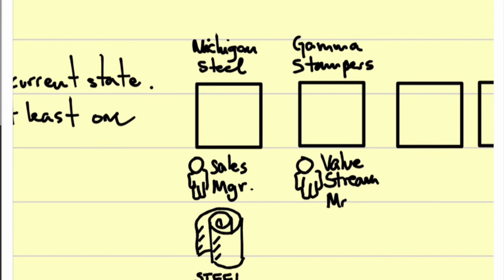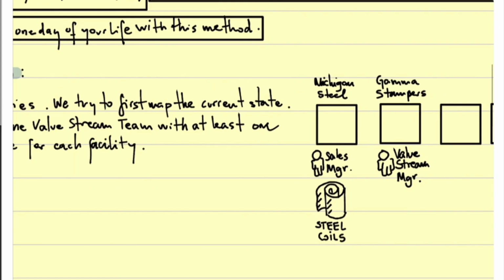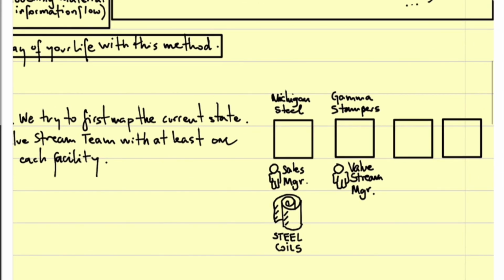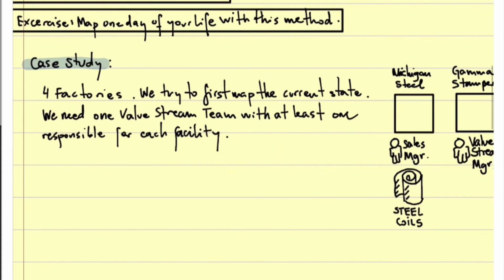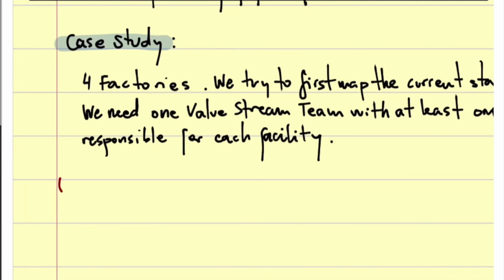Usually the value stream manager, let me paint here a little star or point as explanation. Does anybody know what a value stream manager means?